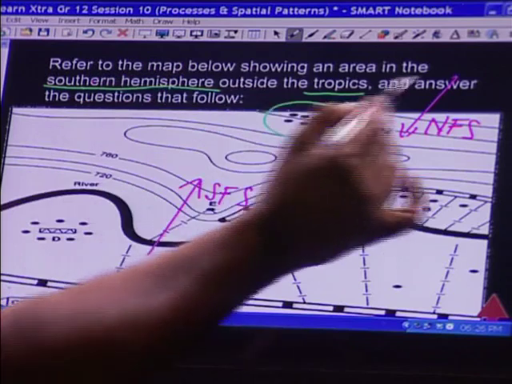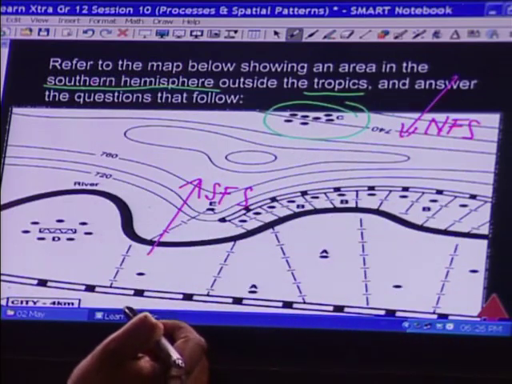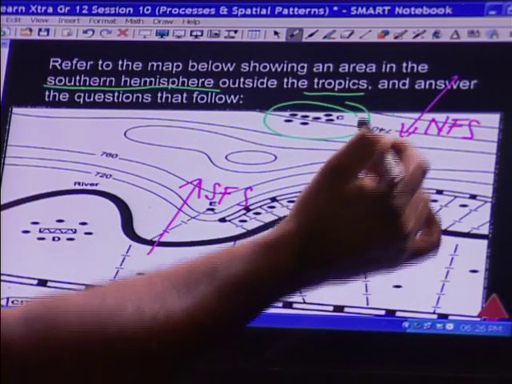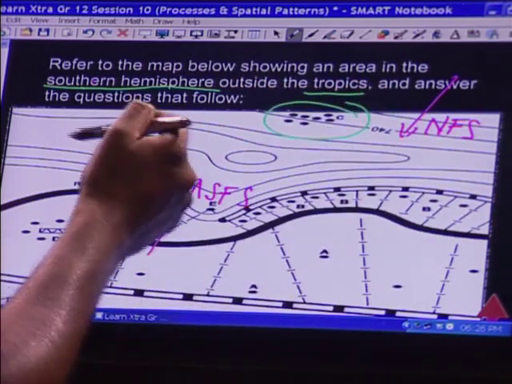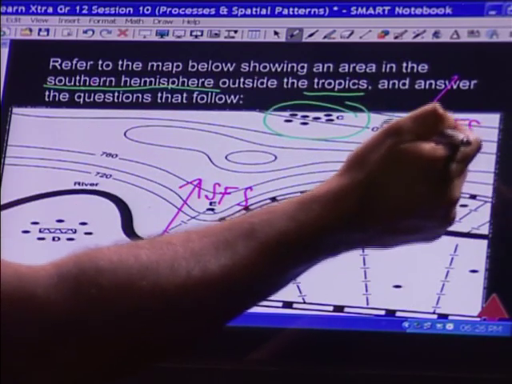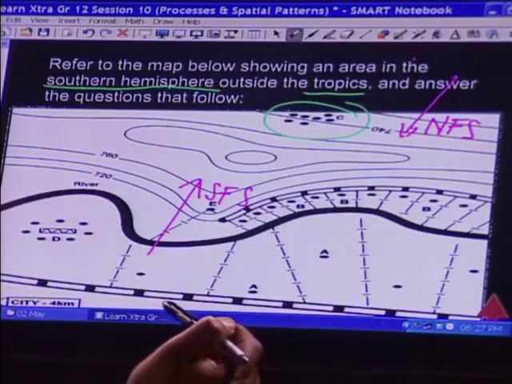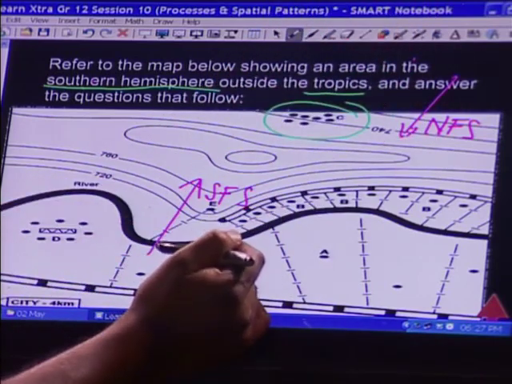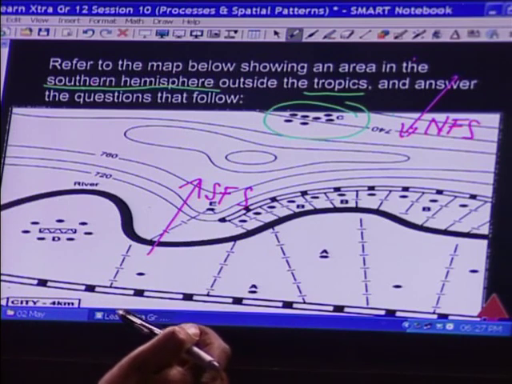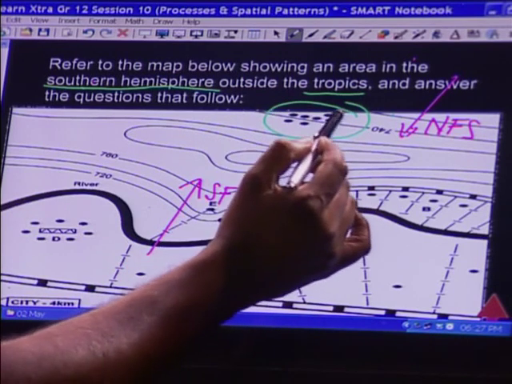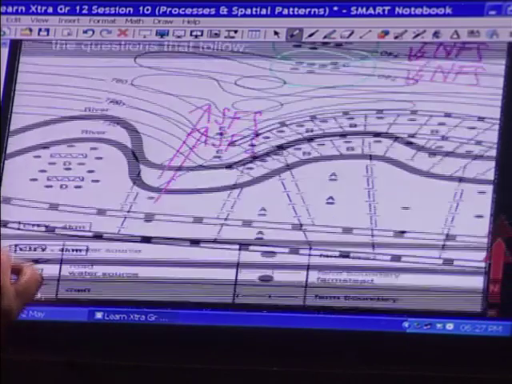Remember, this diagram represents an area in the southern hemisphere. Above this slope, you have a north-facing slope which faces the direct rays of the sun, whereas the south-facing slope receives the oblique rays of the sun. Therefore, settlement C is located on a warmer slope.